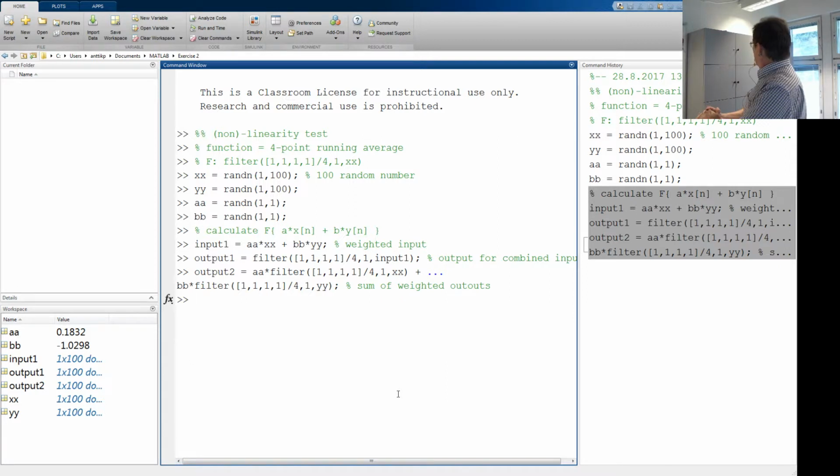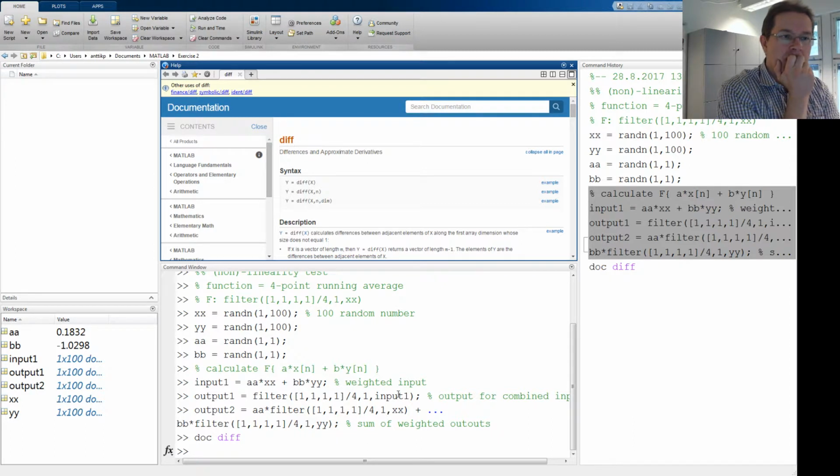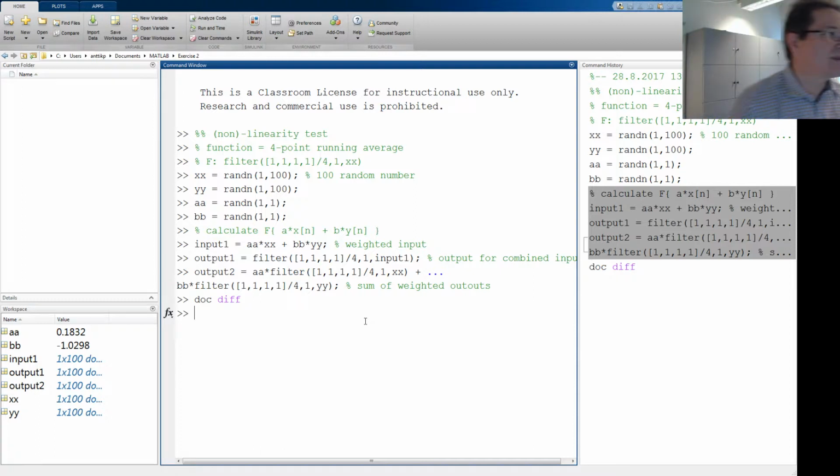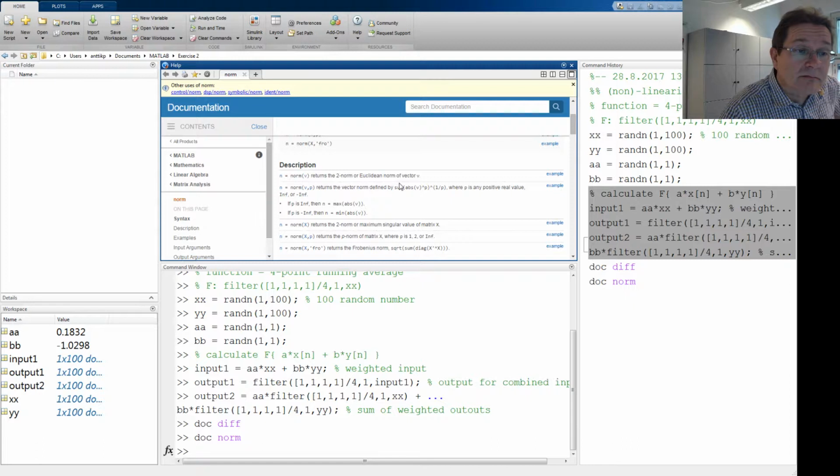All right, so we do that one, but I'm not sure about the diff. I think it is diff, but no, it's not the one. I would call it diff, but I could also use the norm. Norm v returns the 2 norm, or Euclidean norm, of vector v.